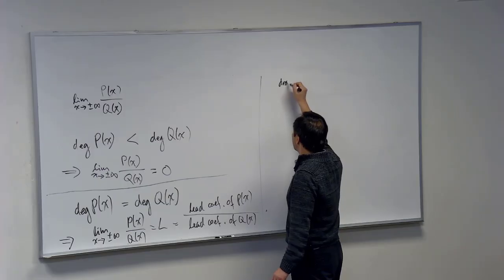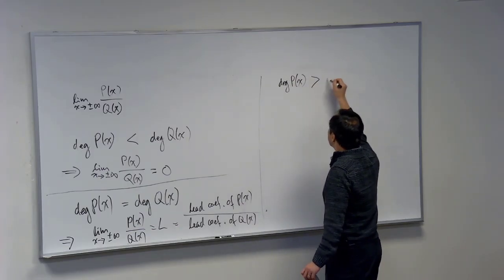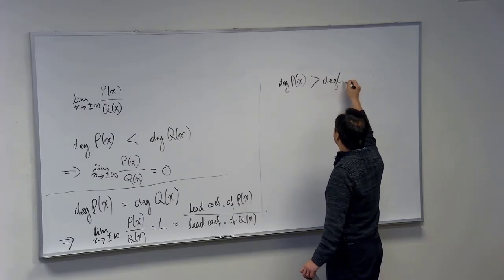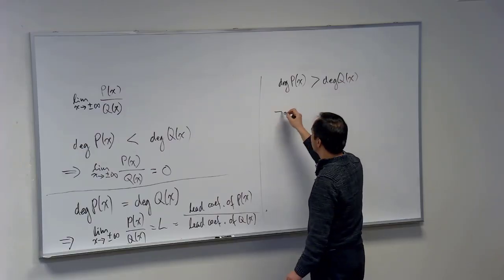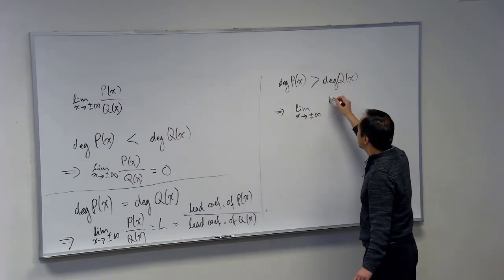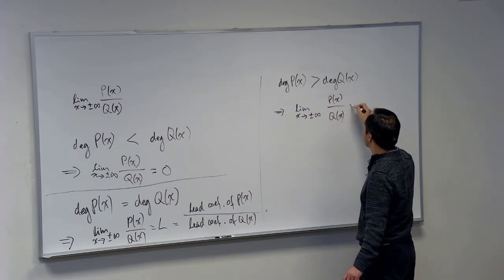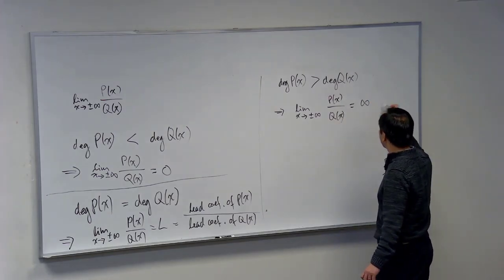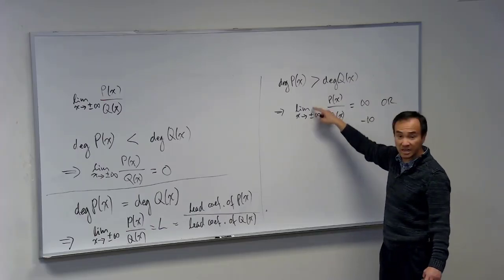Generally, anytime we have the degree on top greater than the degree in the denominator, then the limit of p(x) over q(x) may equal positive infinity or may equal negative infinity. I'm talking about any of the cases here.